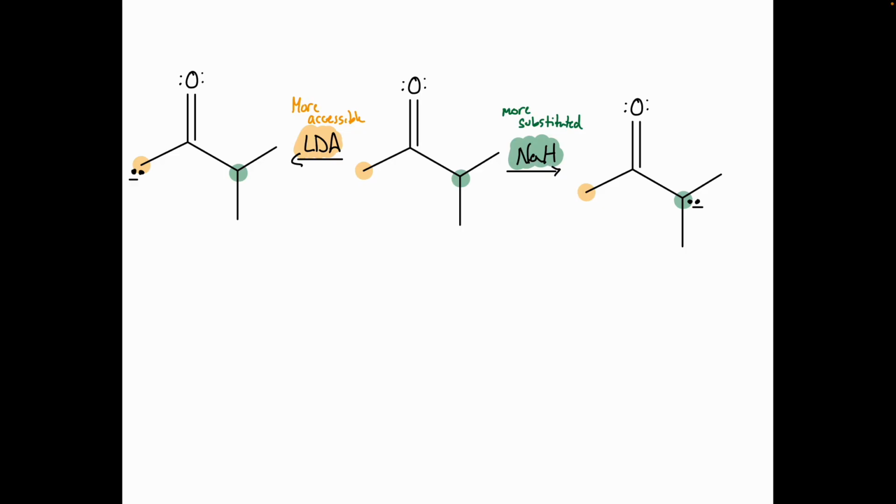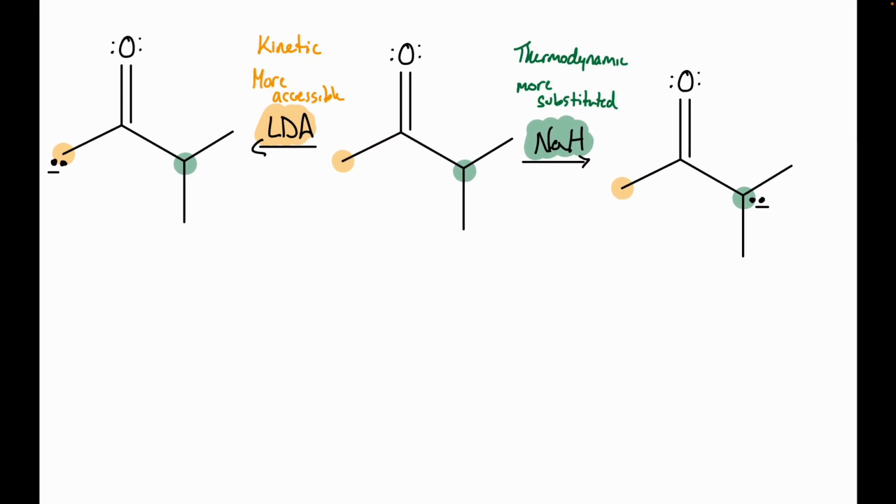All right, and we've seen something similar before. That's what we would call our more substituted, our more stable, our thermodynamic product, whereas our more accessible is our kinetic product. And as we saw before, talking about thermodynamic and kinetic products, we can even more selectively take one of these two hydrogens off by tuning our temperature as well.